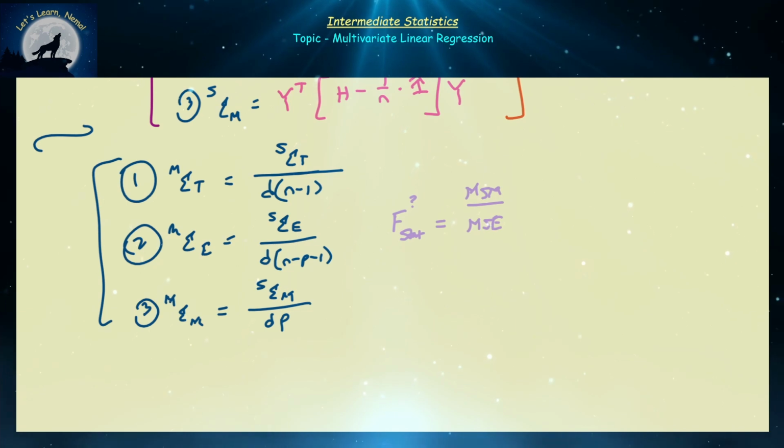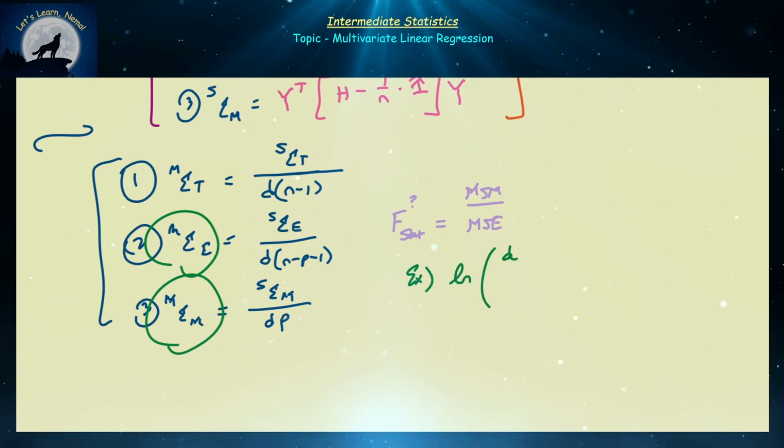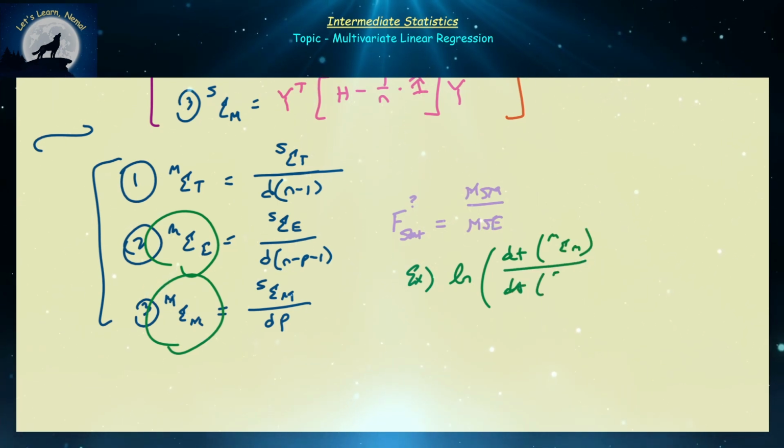So what we would do is maybe replace MSM with M sigma M and MSE with M sigma E, invert it, and then maybe take the determinant of something like that. For example, you could take the natural log of the determinant of M sigma M and divide that by the determinant of, for example, M sigma E. That would be one object, or you could just divide those two determinants and be done with it.